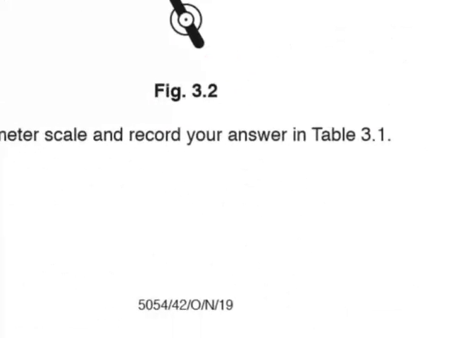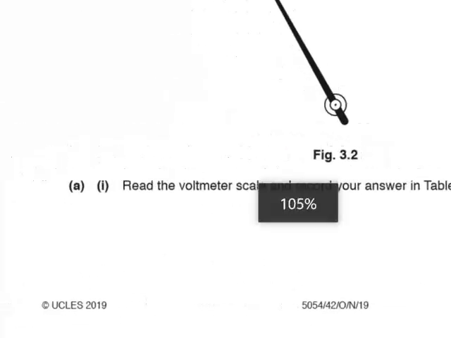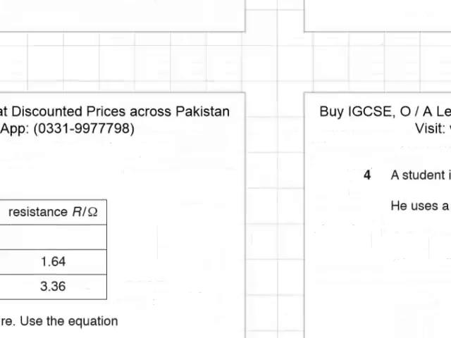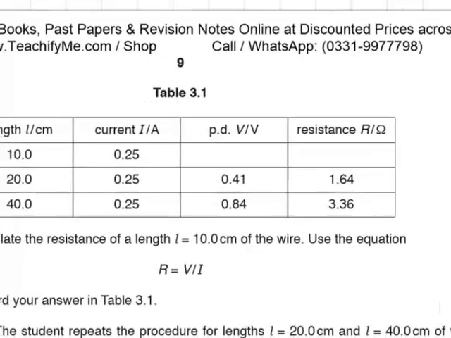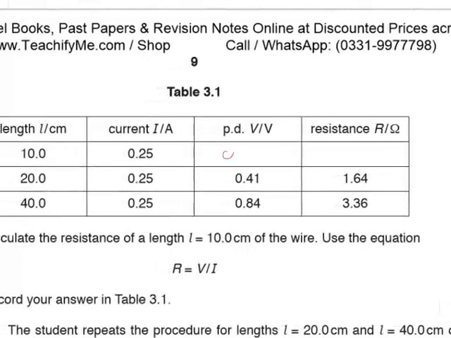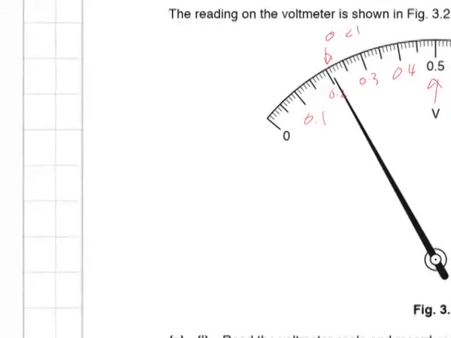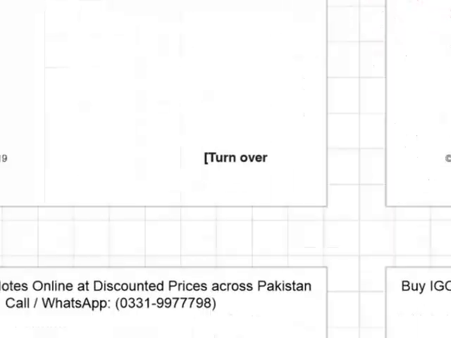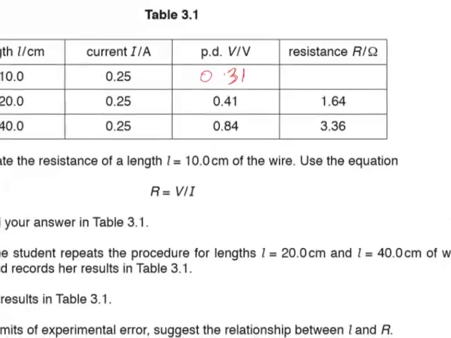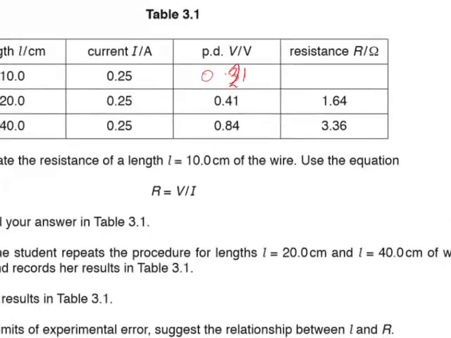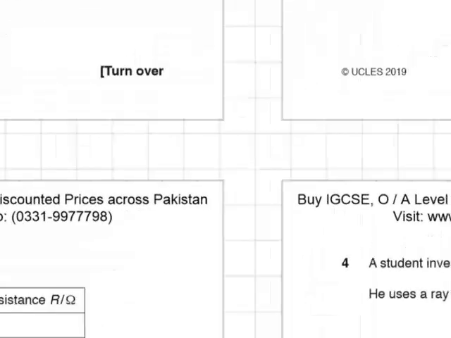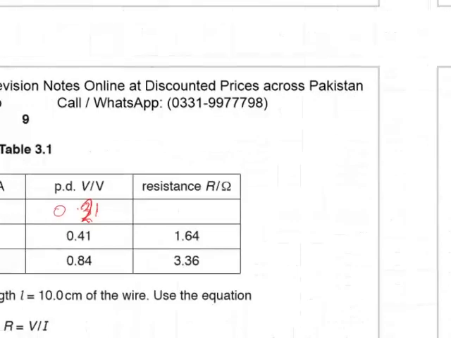So record your answer in the small table in 3.1. 0.21, sorry about that, 0.21.